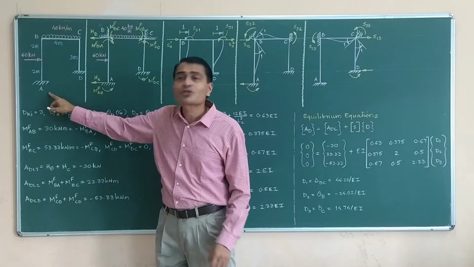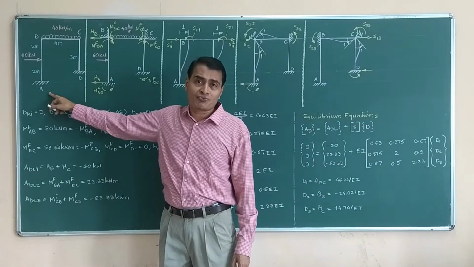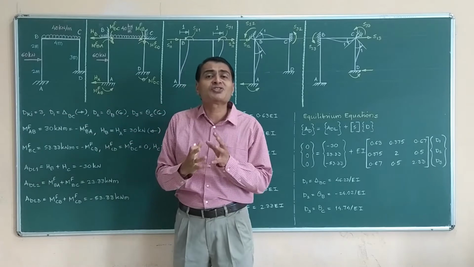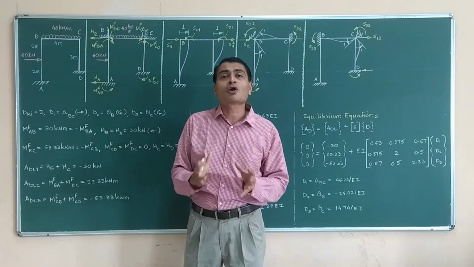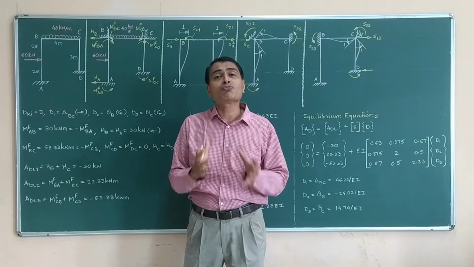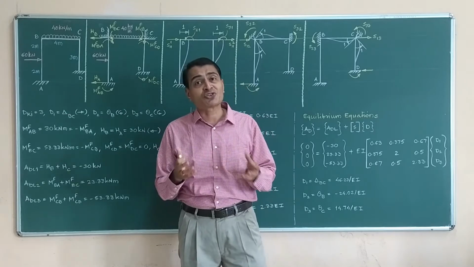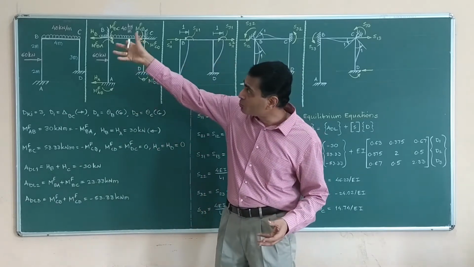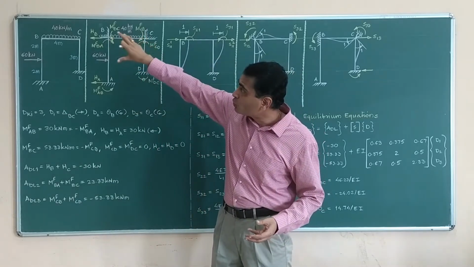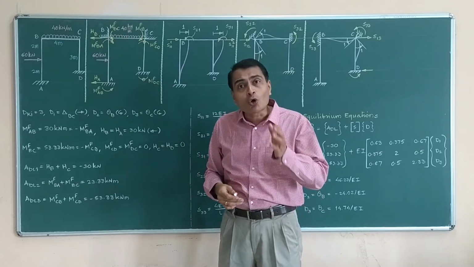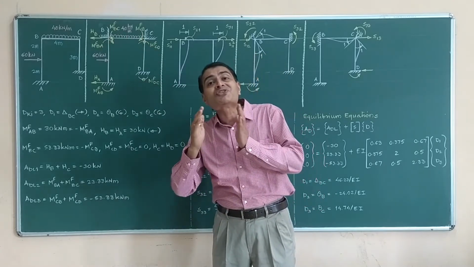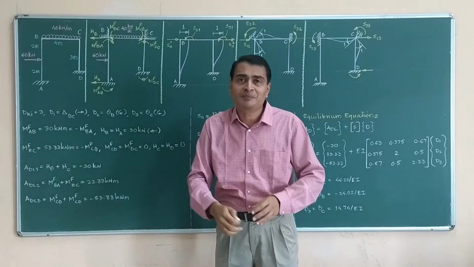Support D is fixed, support A is fixed. Obviously this is a sway frame and we are going to have degree of kinematic indeterminacy as 3 because there is going to be theta B, there is going to be theta C, and also there is going to be sway of delta.